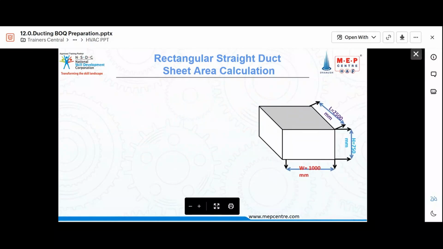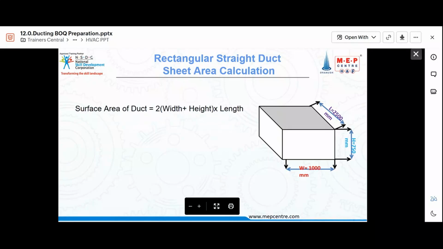Suppose it is a rectangular straight duct. Sheet area, surface area, or development area, all three concepts are the same.